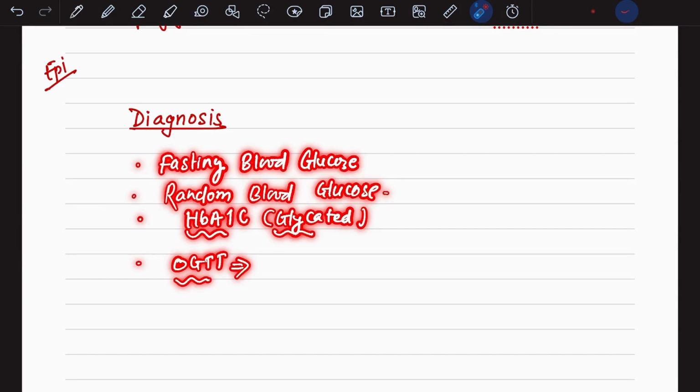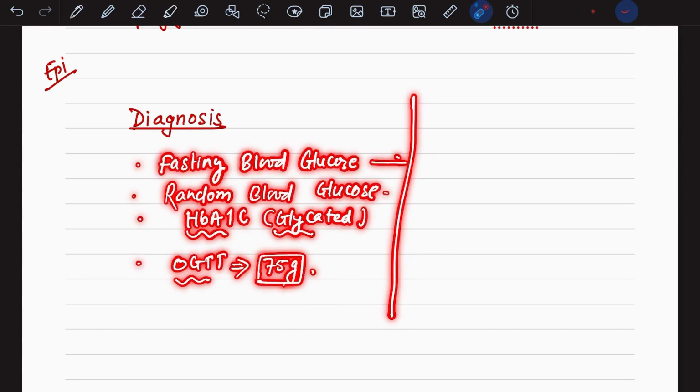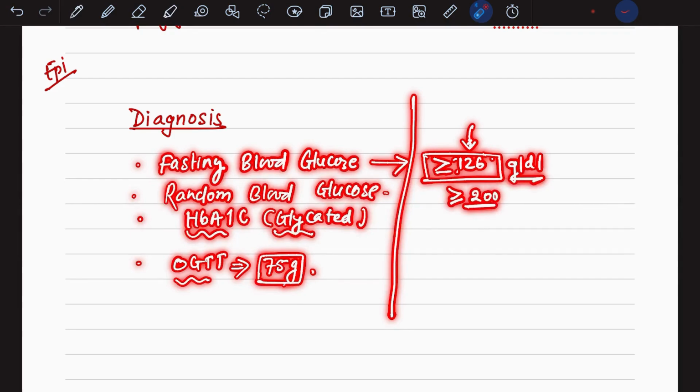In the OGTT we give 75 gram of standard carbohydrate solution and then measure the blood glucose after 2 hours. If the result is equal to or greater than 126 milligram per deciliter of glucose, then we say it's diabetes. If random blood glucose is equal to or greater than 200, then it's diabetes.